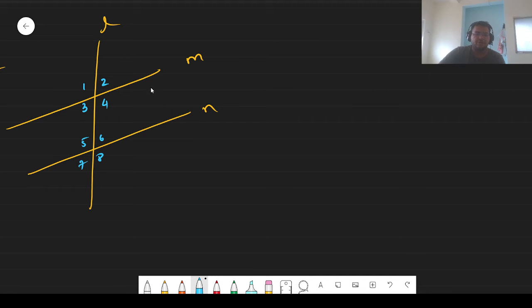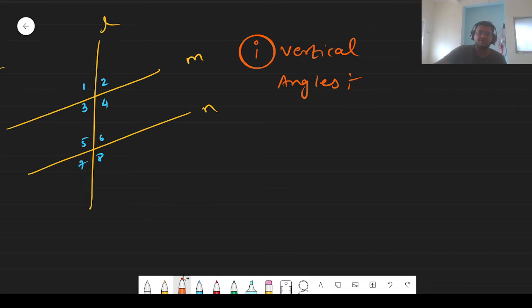So see here, there are basically a few properties of supplementary and complementary angles by which we can derive some results from here. Okay, so please hold tight and see what we can do here. First, I will write the first point: vertical angles. Okay. What are basically vertical angles?